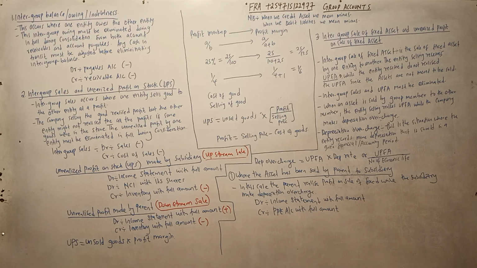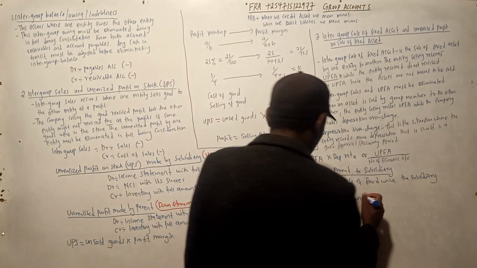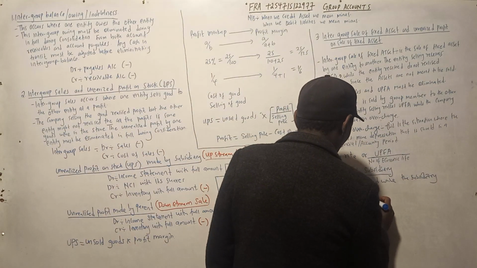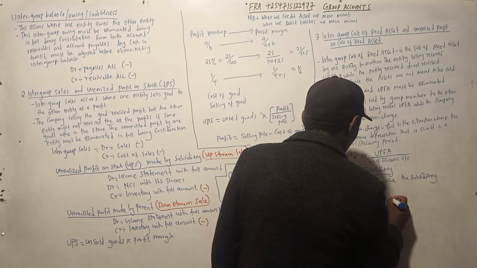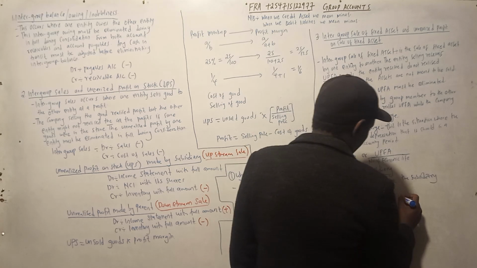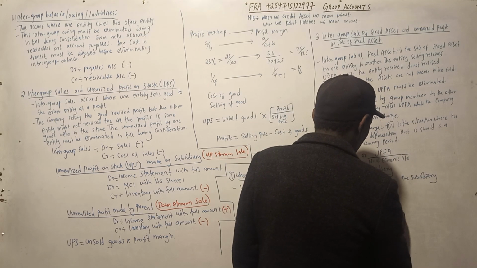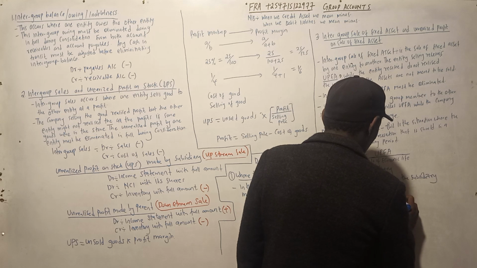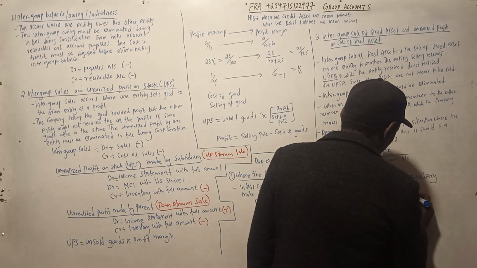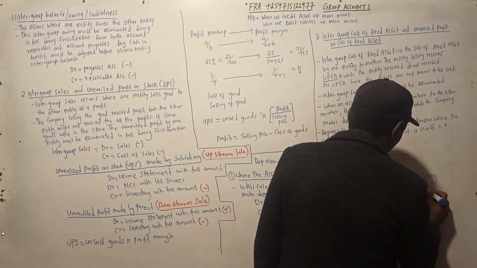That's number one. This one is for the unrealized profit on fixed asset made by the parent.